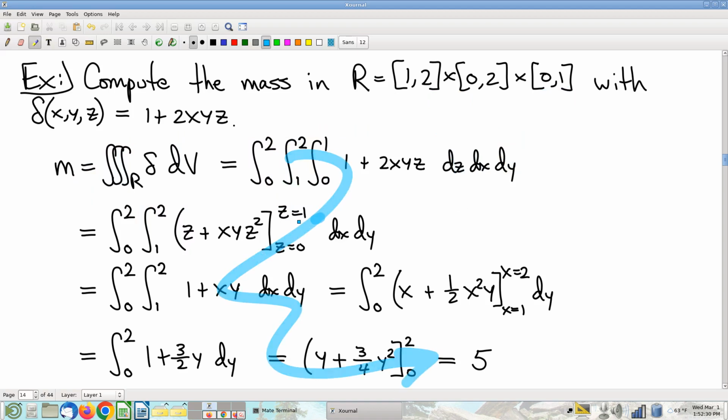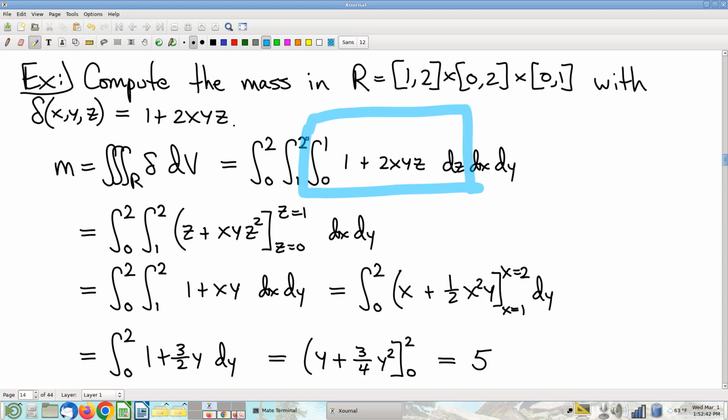And again, we have the same issue with keeping track of which variables are playing what role at which stage of the calculation. Notice in the computation of this inside integral, which we have to start with, don't forget that x and y are constants.